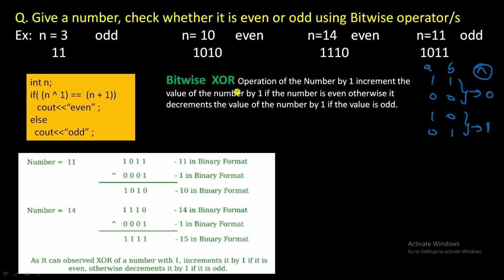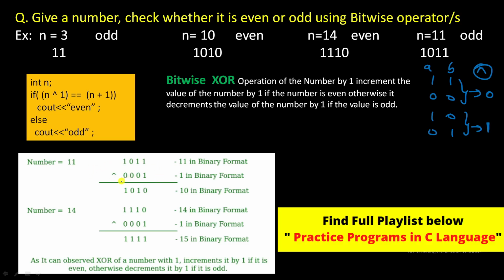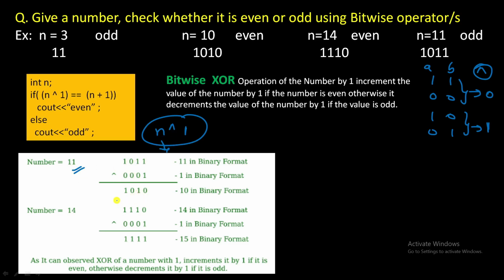In the case of the bitwise XOR operator, we will get the observation that if we apply n XOR 1 on an odd number, then our resultant number will be decremented by 1. But if this number is even, like 14 is an even number, and we apply the same mask and the same XOR operator, then we will get our resultant number incremented by 1.